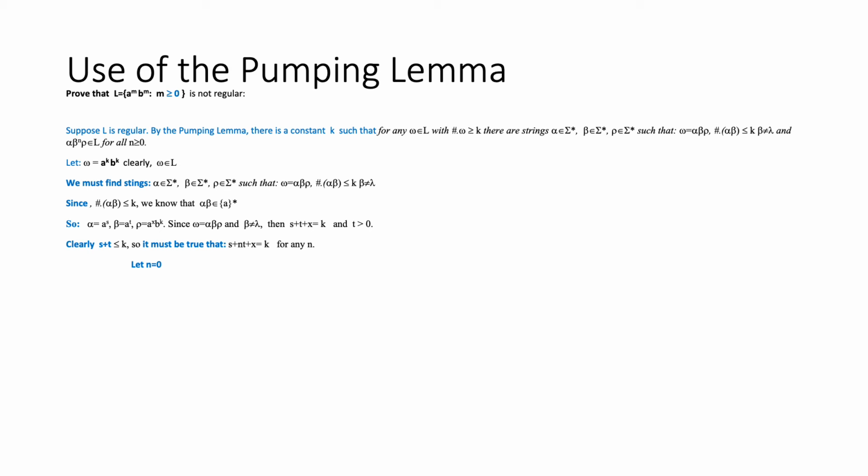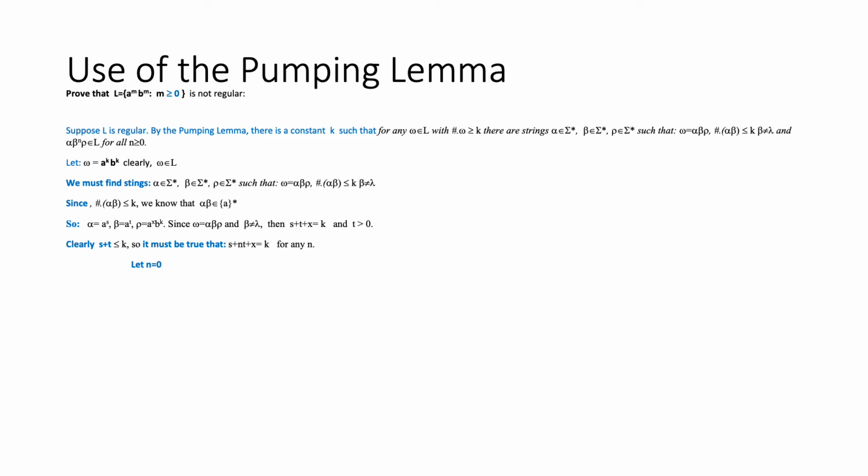So I can say that alpha is equal to s A's, beta is equal to t A's, and rho will be equal to x A's followed by k B's. And I know that s plus t plus x should be equal to k. And since beta is not empty, is not lambda, then t has to be greater than 0.